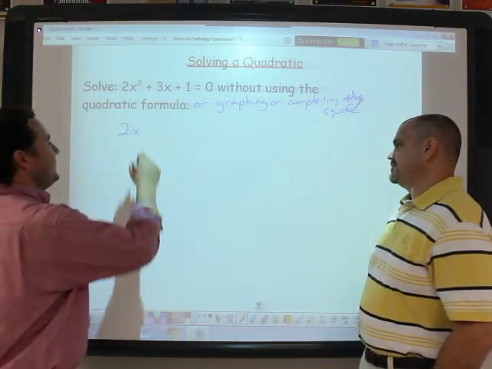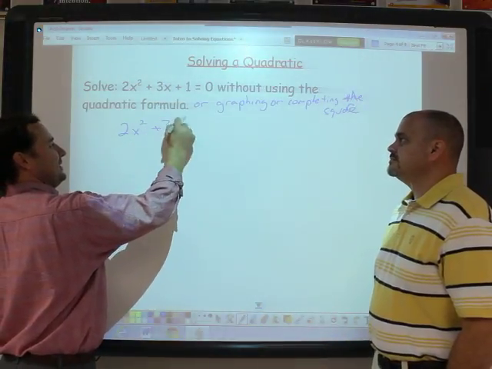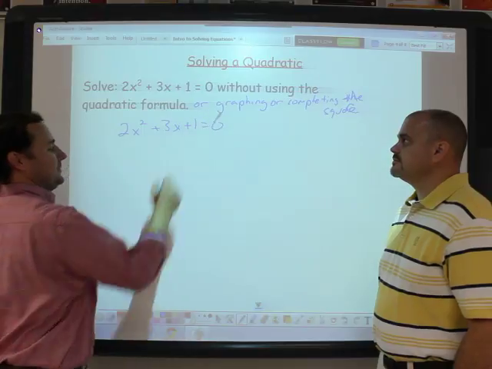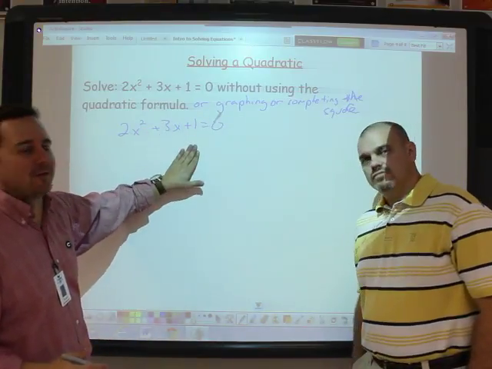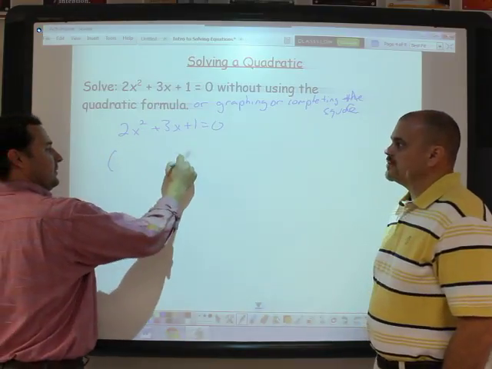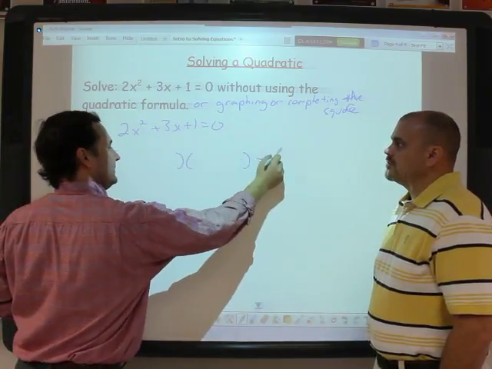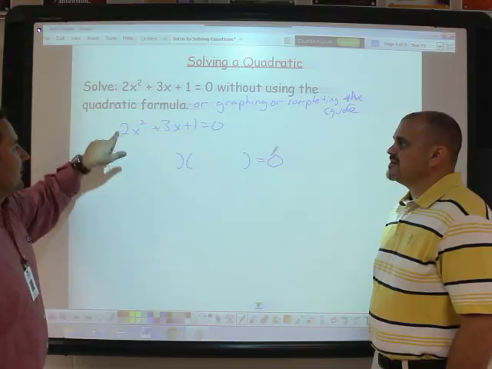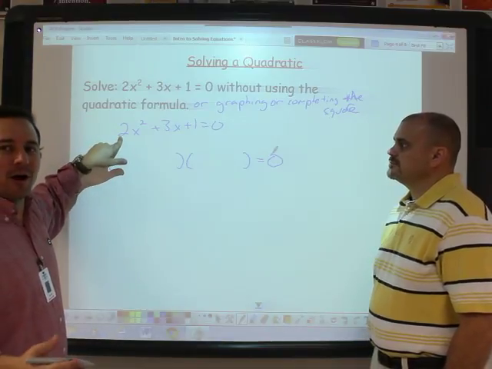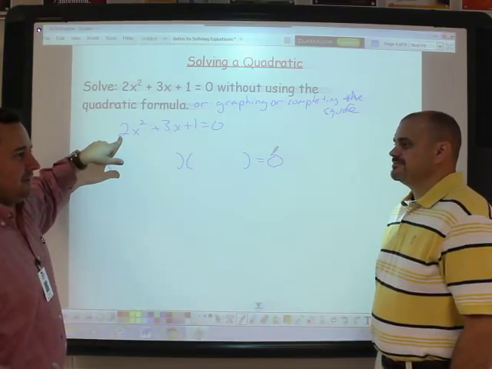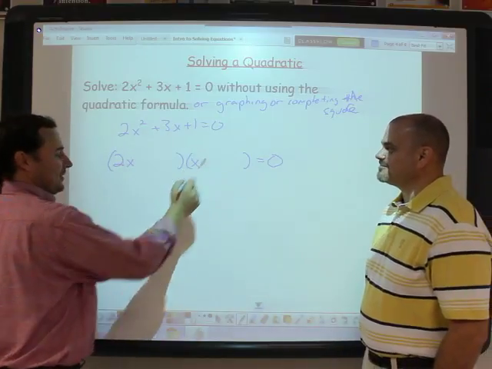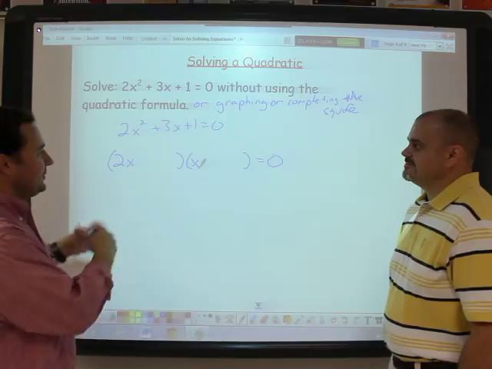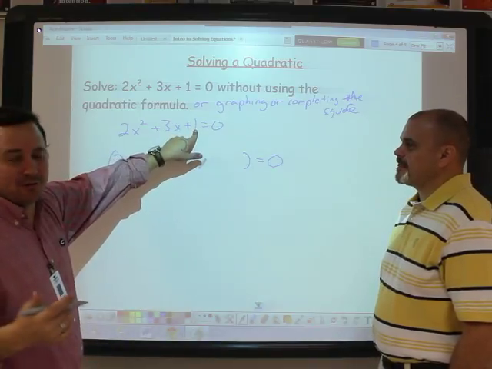All right, so I've got 2x squared plus 3x plus 1 equals 0. It's a quadratic. I've got a square term, a linear term, and a constant term. So I know it's going to factor to 2 binomials. Now my 2 is prime. In fact, 2 is the only even prime number. So it has to factor to 2x and x. That's the only way it'll factor. And 1 is also prime.